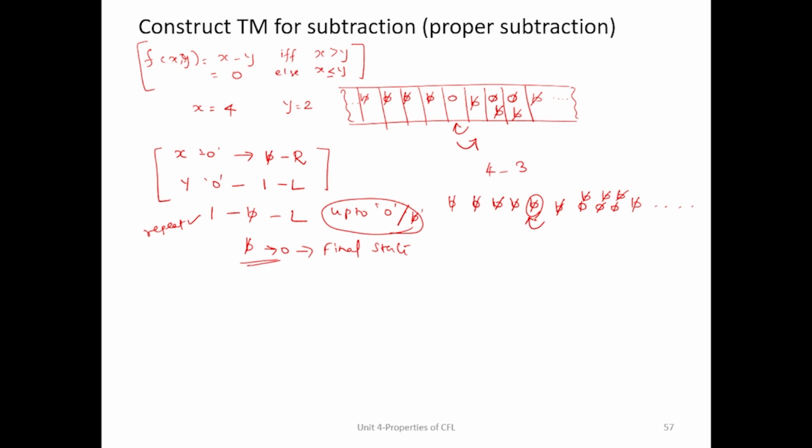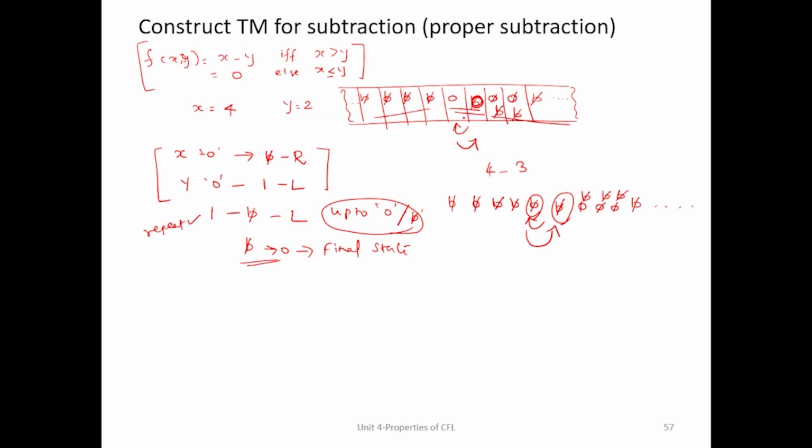If the control head reads 0 or blank space, it moves to the right direction. That right position should contain only a blank space. Then that symbol should be replaced with 0. If you check, only 2 zeros are available. The remaining cells are filled with blank space only.